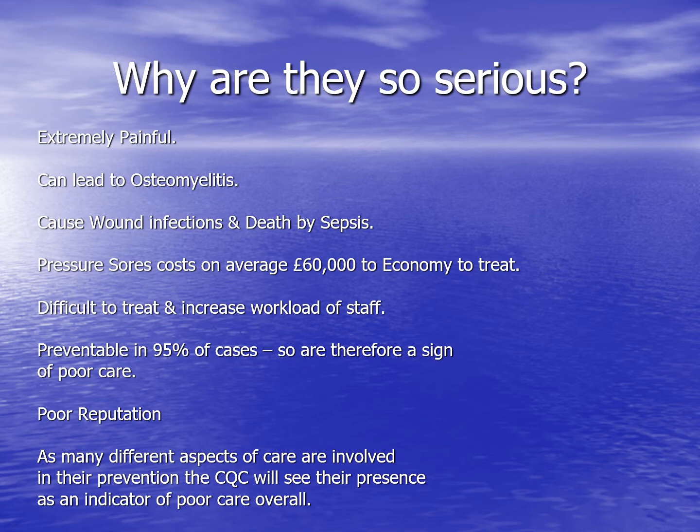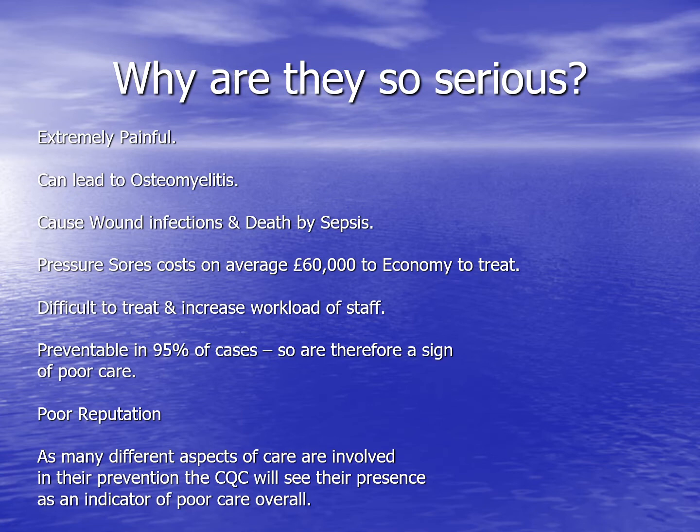It could be the reason someone has to come to a nursing home. Some of the dressings that may be used are very expensive. You're changing them quite regularly. The specialist tissue viability nurses need to see that person, etc. So the money could be even more than £60,000, but on average it costs £60,000 per pressure sore.